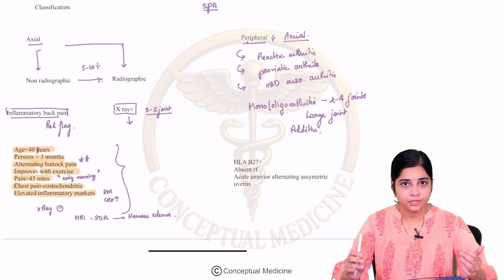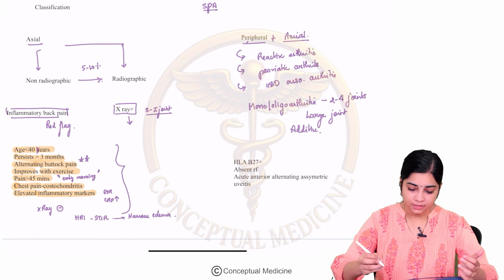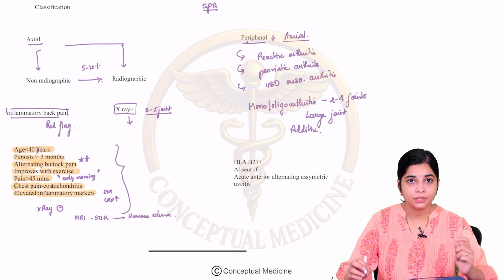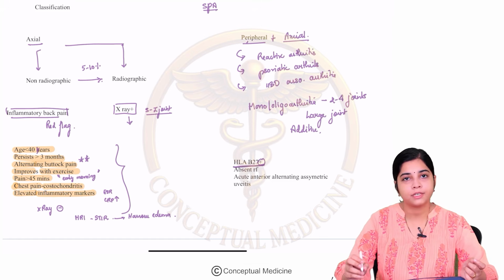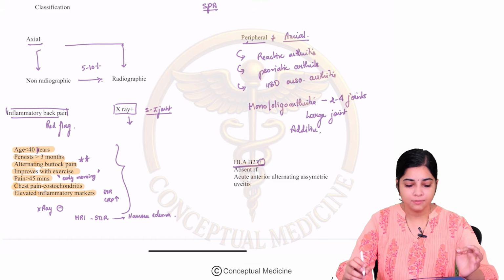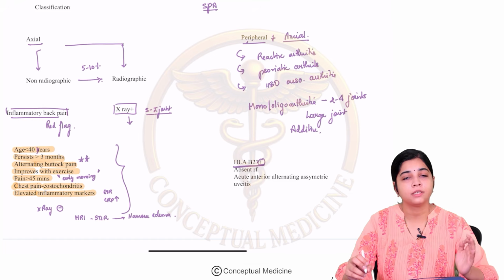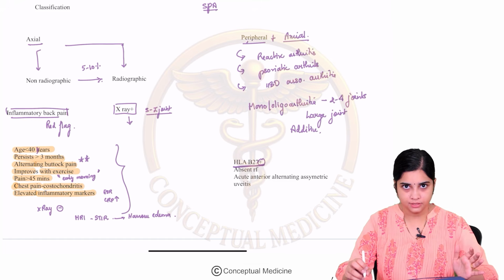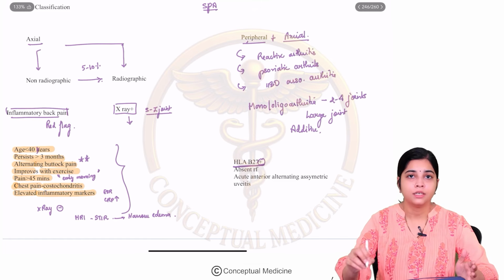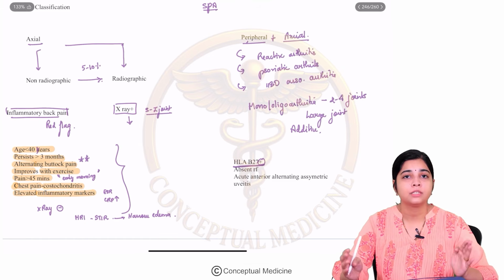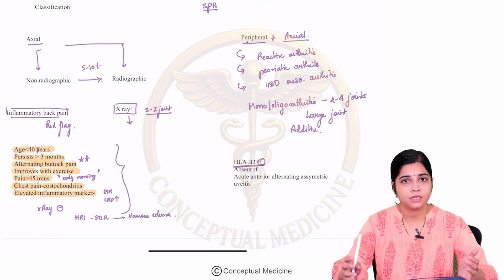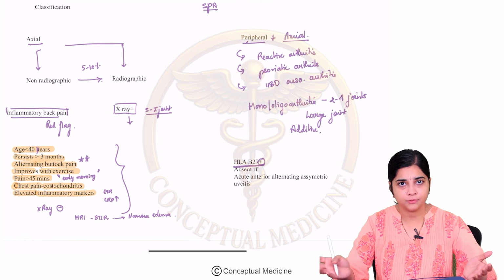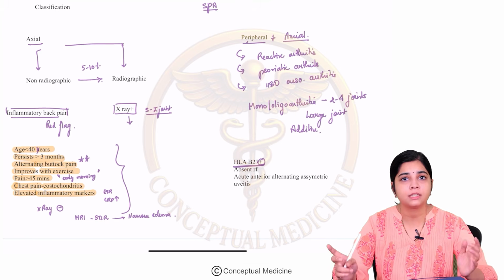Another very important feature about this peripheral spondyloarthropathy is that you can have HLA-B27 positivity even in peripheral spondyloarthropathy. HLA-B27 can be positive in both axial and peripheral spondyloarthropathy, and this might be confused with rheumatoid arthritis. Okay, especially a polyarticular type or an oligoarticular type of rheumatoid arthritis, it can be confused.